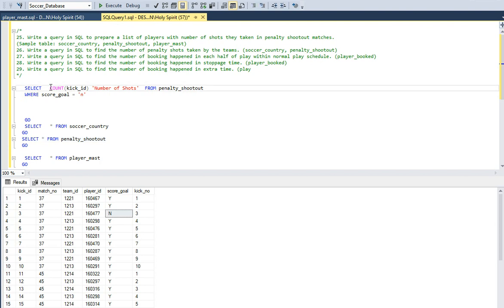Select first of all, from soccer country, control V. This is A, penalty shootout, B, and another one, player must, C. It can be A, B, or C, D, anything. It can understand whatever we are giving there. What do we need now? We need the name of the person.